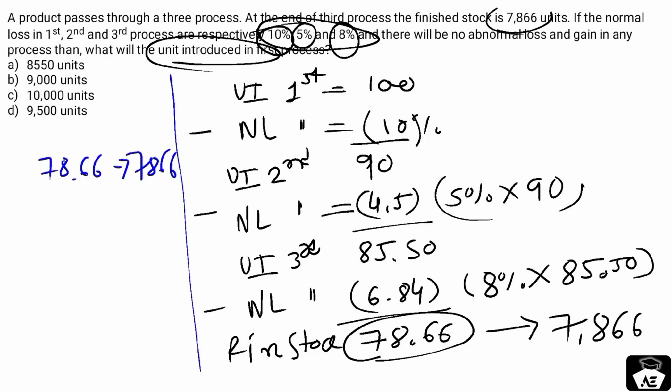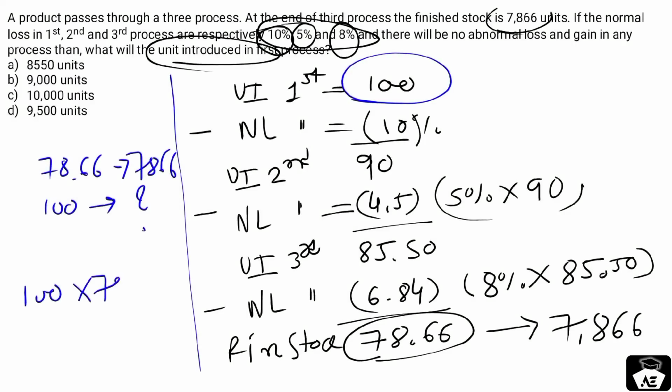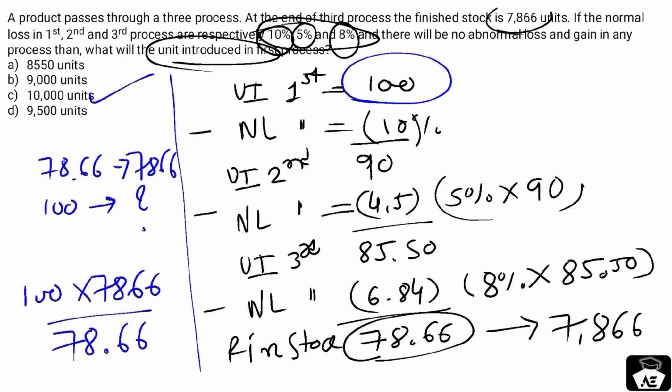What will be your unit introduced in first process at 100%? So become simple. 100 multiply by 7866 units divide by 78.66. So you will get the value, that is 10,000 units. Your answer will be 10,000 units.